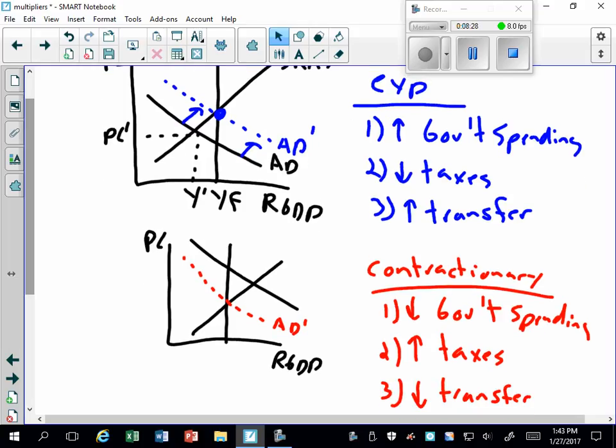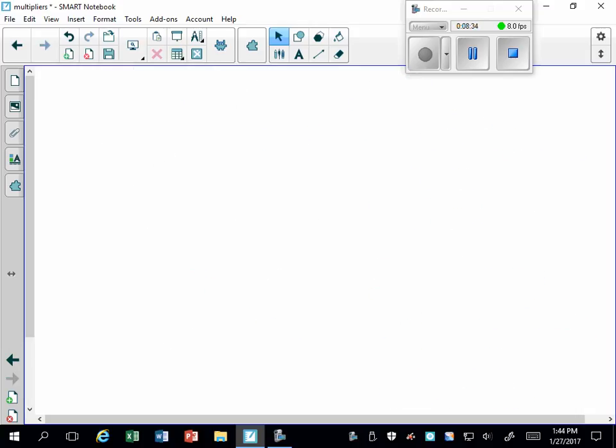Now, this is pretty simple stuff. When you look at it, you're just shifting a curve. Where it might get a little complicated is if they start to work in the multipliers that you're aware of already. Remember, the multipliers were a previous video, but they apply to government spending, and then the tax and transfer multipliers, which are the three tools of fiscal policy: government spending, taxes, and transfer policy.